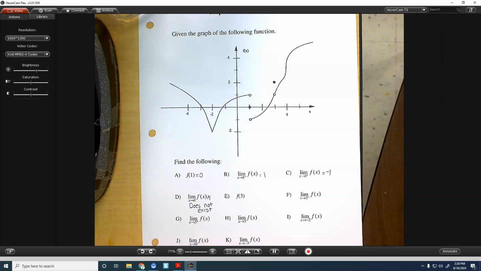A lot of kids like to use DNE as a shortened version of that. I will strongly caution against using abbreviations on the actual AP exam when you turn that in, although I will tell you that they did accept DNE on the past reading, but they probably will for a pretty long time.